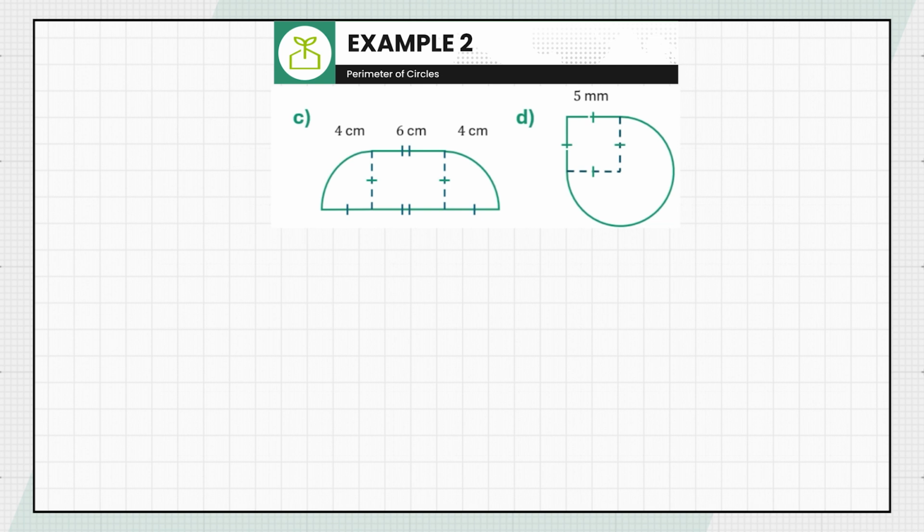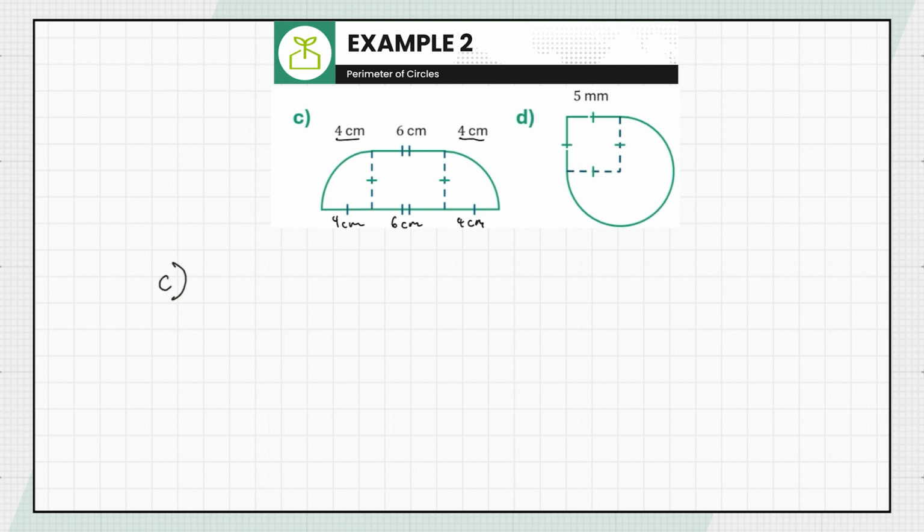Okay, let's get started. So for our first one here, we have some numbers up the top. Now this is obviously meant to be 4 centimeters here and 4 centimeters here, and then we have 6 centimeters in the middle. So with that in mind, for C, what we have is essentially two quarter circles, sorry, with the same radius.